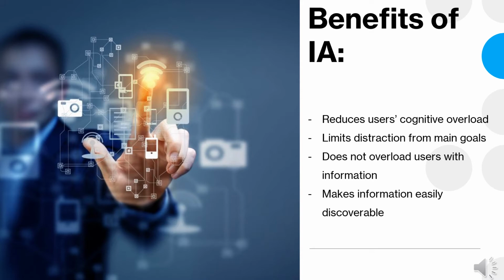It's going to overload your thinking capabilities, and information is not going to be easily discoverable when you try to look for, say, something that starts with an M. Maybe it's a restaurant you don't even know, and you're trying to experience something different, and you don't know the items they have. So it's going to be too much work to go through each and every item on the menu to see what they have.